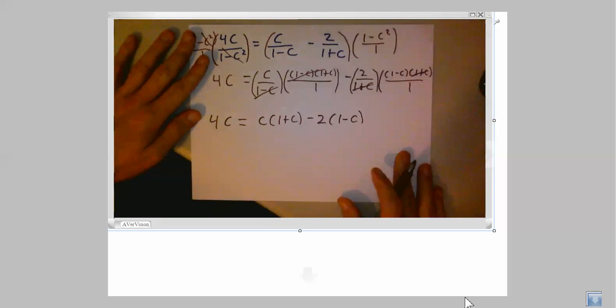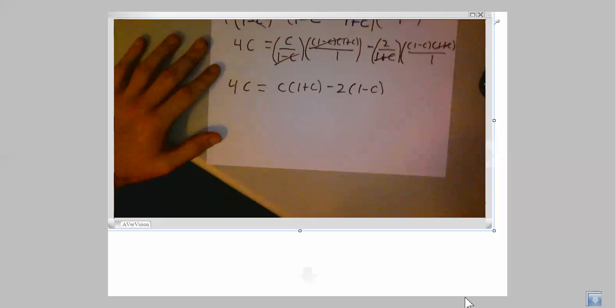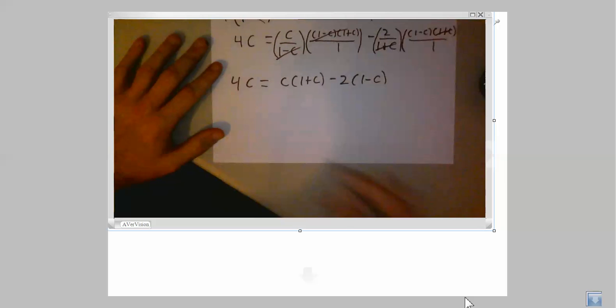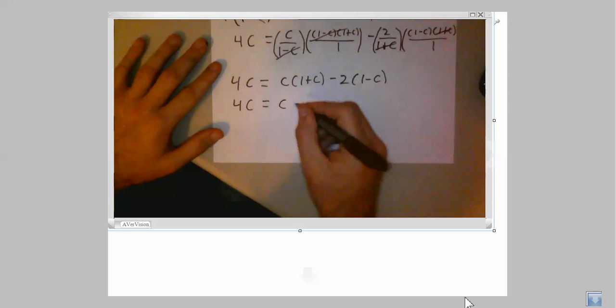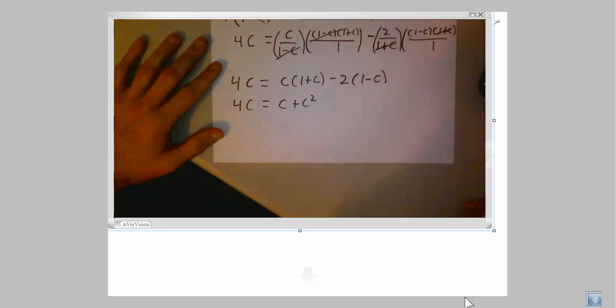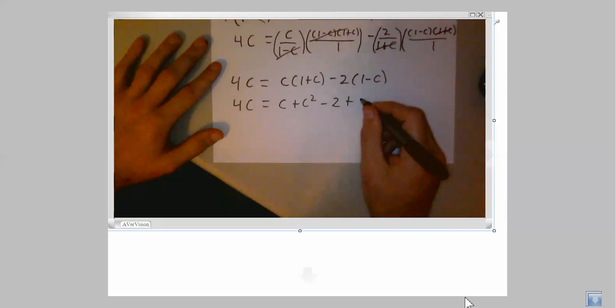And now we have a much easier problem to solve. And we're going to have 4c is equal to c plus c squared, minus 2 plus 2c.